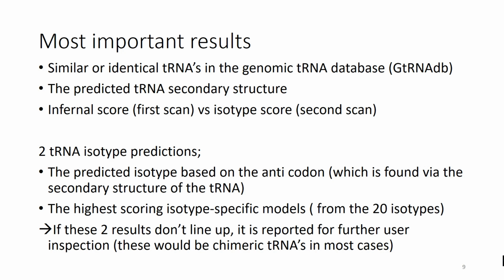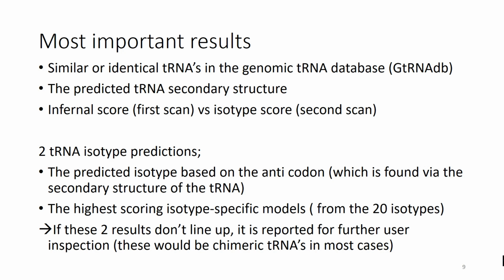The tRNA isotype is predicted in two ways. The first way uses the predicted secondary structure of the tRNA to locate the correct anticodon. Based on this anticodon and its compatible amino acid, the corresponding isotype is selected. The second way is the result of the second pass scan.